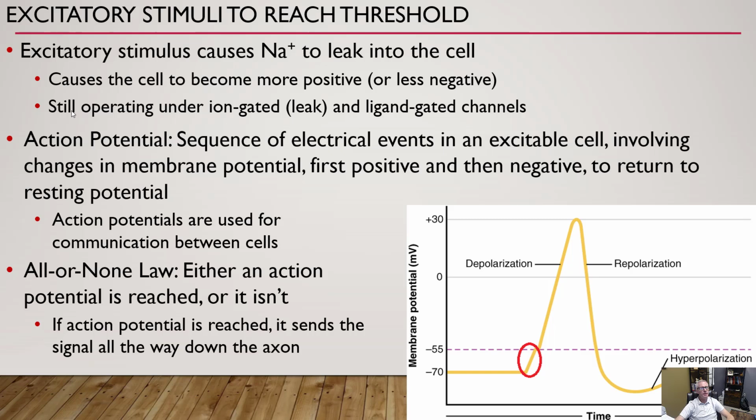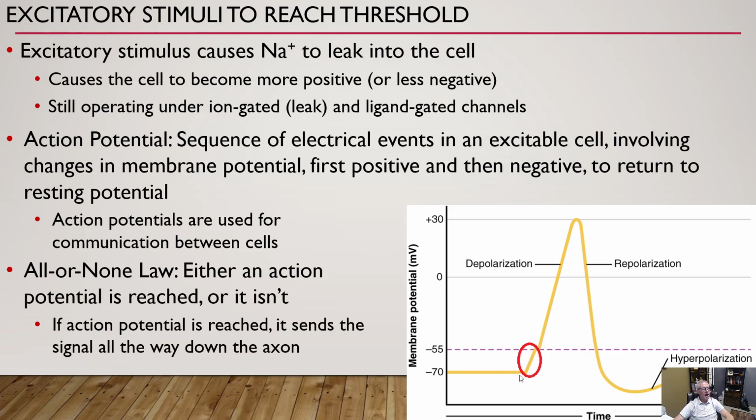All right, so then we have this excitatory stimulus. The excitatory stimulus causes sodium to leak into the cell. And what happens is, remember, sodium is a positively charged ion.